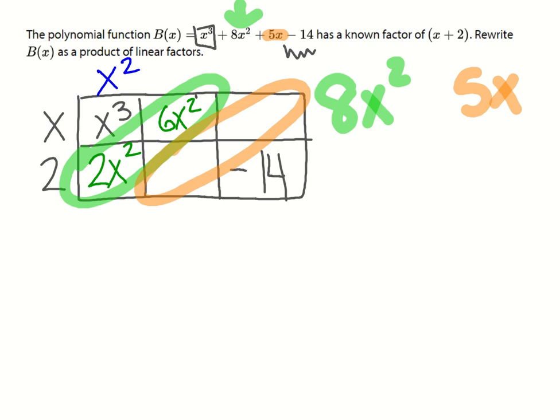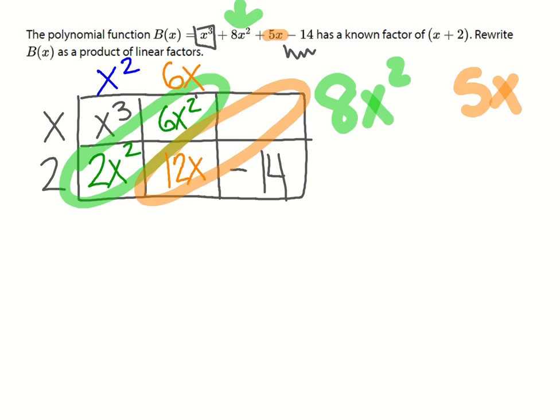To find my next value up top, I know x times something has to give me 6x squared. So I know this has to be a 6x, because 6x times 1x will give me 6x squared. To get my bottom number in that middle column, I have to do 6x times 2, which will give me a 12x.